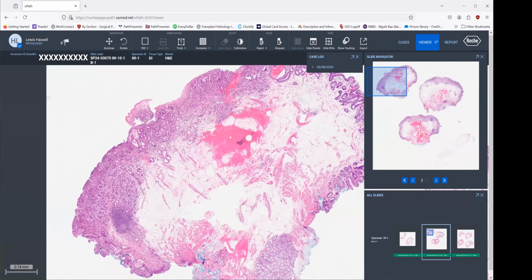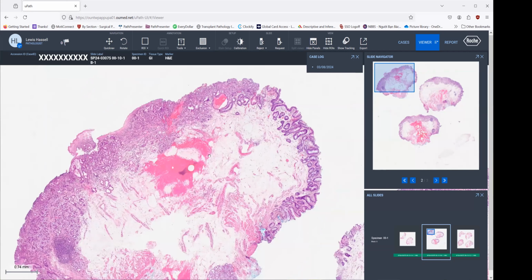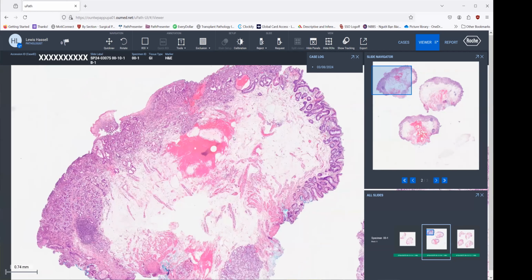So, for example, I was able to measure the full depth of the invasion. I was able to measure the distance from the margin, the cauterized margin, and the overall width of the lesion here in its greatest dimension. So you can get some nice, accurate measurements with digital pathology as well.